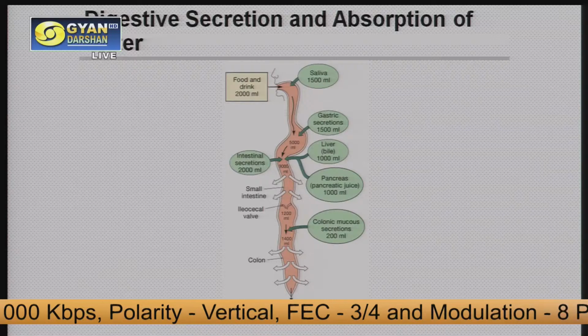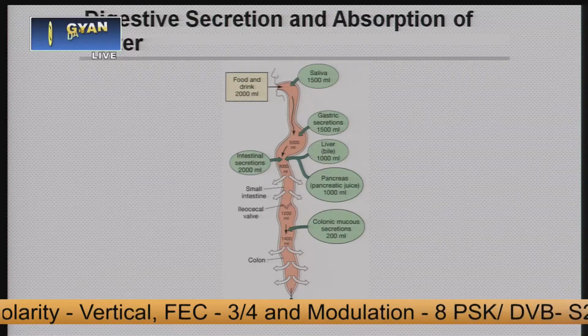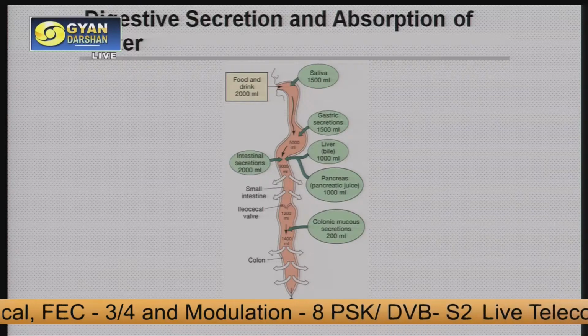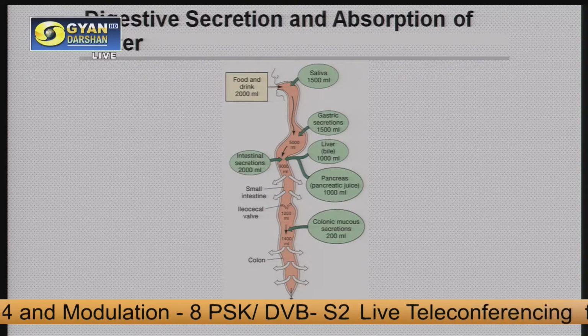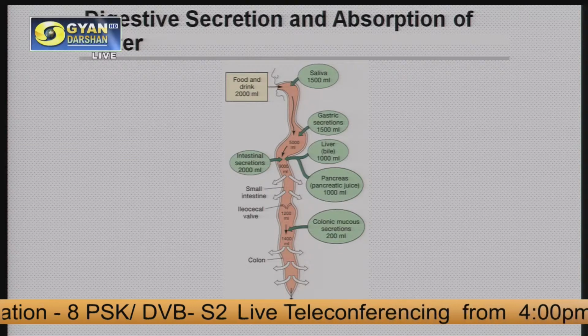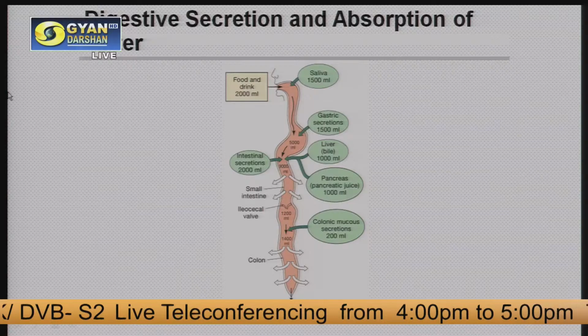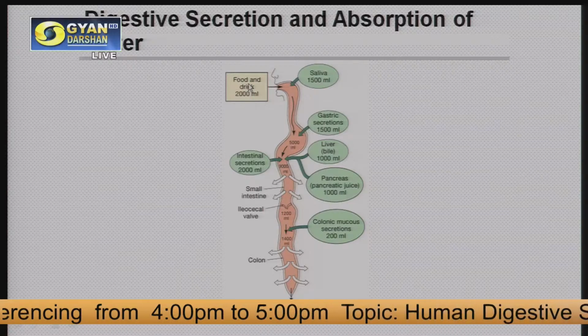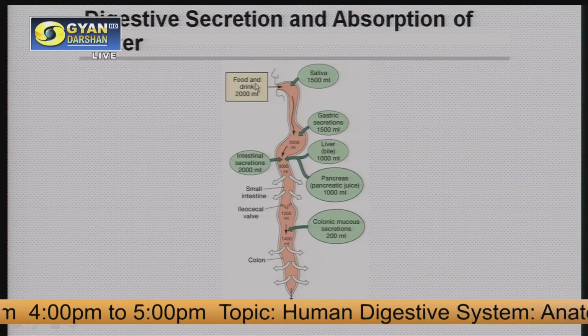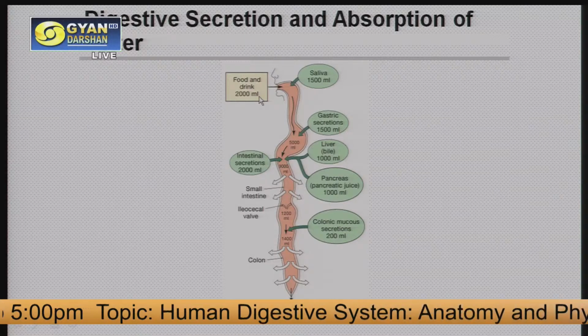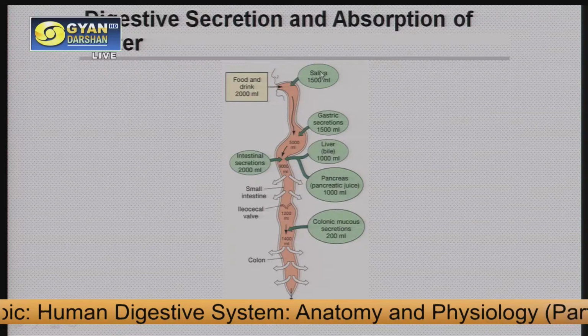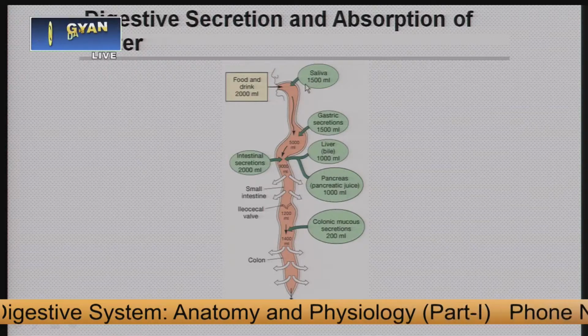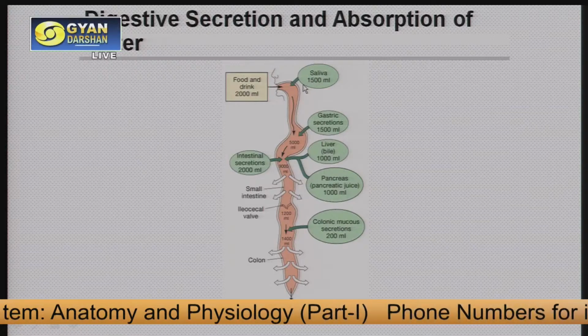Now, this is the digestive secretion and absorption of water. This particular slide is very important. When we speak about food and drink, here it is 2000 ml. Then this is the saliva, that is 1500 ml.